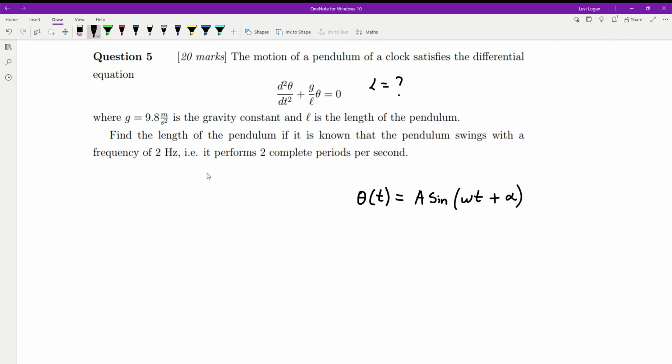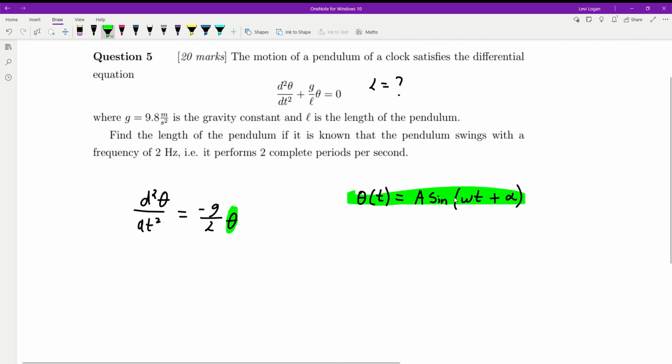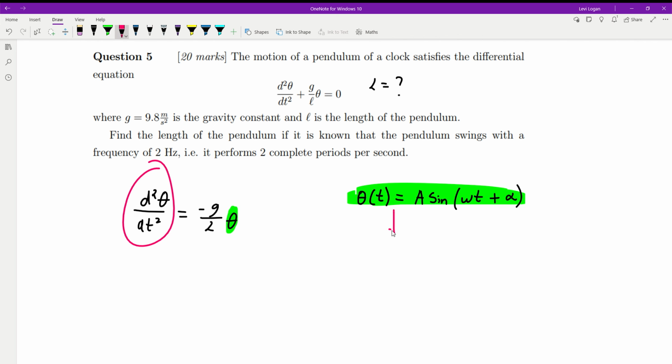So I'm going to write my differential equation. That's d squared theta on dt squared, and I'm going to move this to the other side, so we get negative g on L times theta. Now this theta is my function itself. We need to find what our second derivative is, so we differentiate with respect to time.